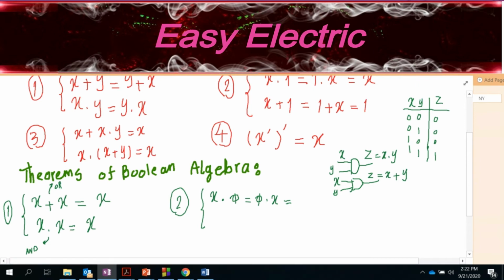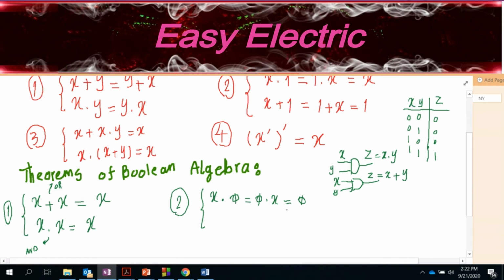If one of them is 0, this 0 with this 0, you get 0. This 0 with this 1, again the result is 0. Just whenever both of them are 1, it is 1. So that means if you and 0 with any variable, the answer is 0.